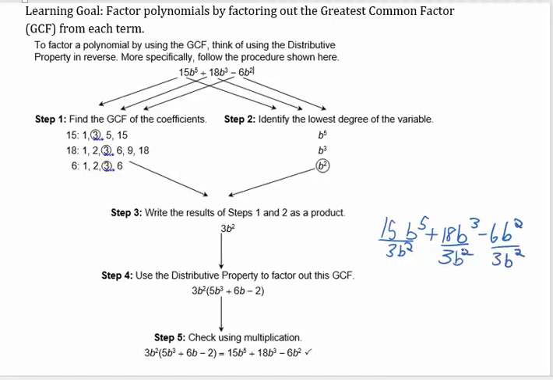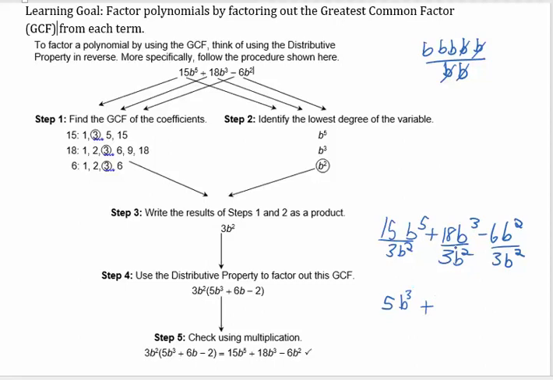So when I divide 15b to the 5th by 3b squared, 15 divided by 3 is 5, and b to the 5th divided by b to the 2nd, the rule is you subtract the exponents when you divide, or you can think to yourself, that means b times b times b times b times b, that's b to the 5th. B squared is b times b. So 2 of the b's will cancel, and I'm left with b cubed. Or you can just do 5 minus 2 for the exponents.